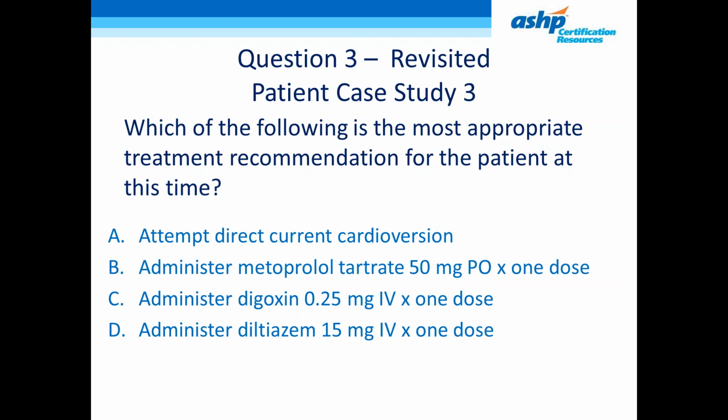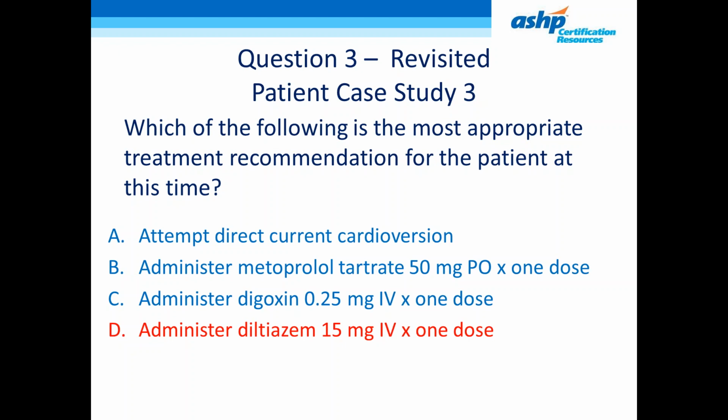If we go back to this patient then, which of the following is the most appropriate treatment recommendation for the patient at this time? The most appropriate treatment option would be to administer diltiazem 15 milligrams IV times 1 dose. Now this patient is symptomatic, but patient is hemodynamically stable. Therefore, at this time, the patient does not require direct current cardioversion.